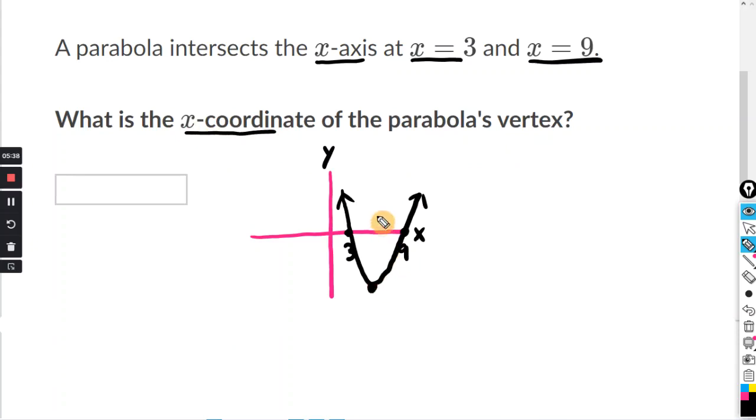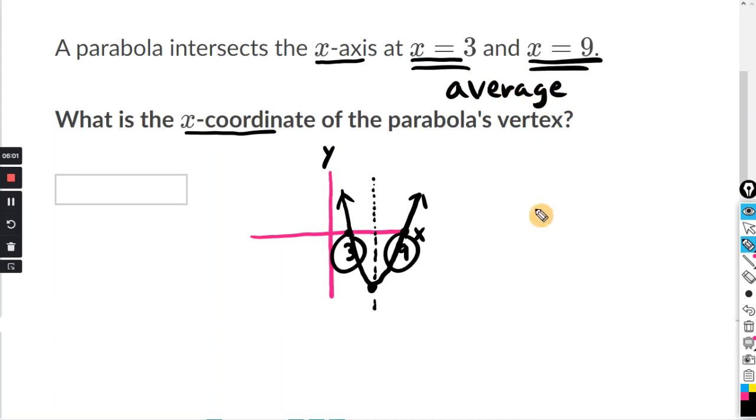How would we find the x-coordinate of that point? It's simple. It's exactly in between 3 and 9. So the only thing you have to do is find the average, or the midpoint, of those two numbers. How do you find the midpoint or the average of two numbers? You just add them and divide by 2.